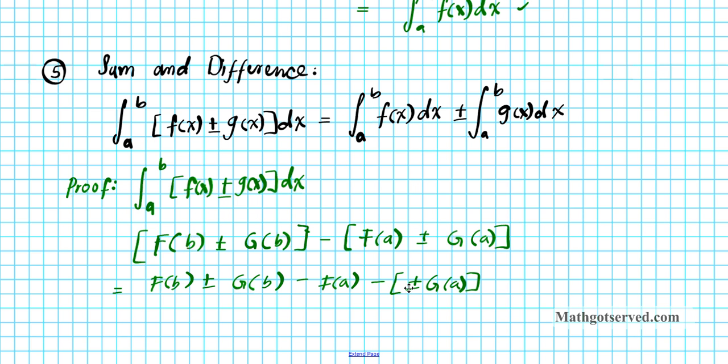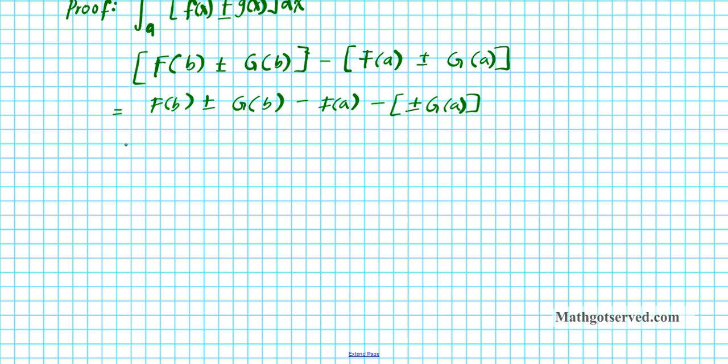Okay, let's reorder these antiderivatives. So we're going to have the antiderivative of f at b minus the antiderivative of f at a, plus or minus the antiderivative of g at b, minus plus or minus the antiderivative of g at a.